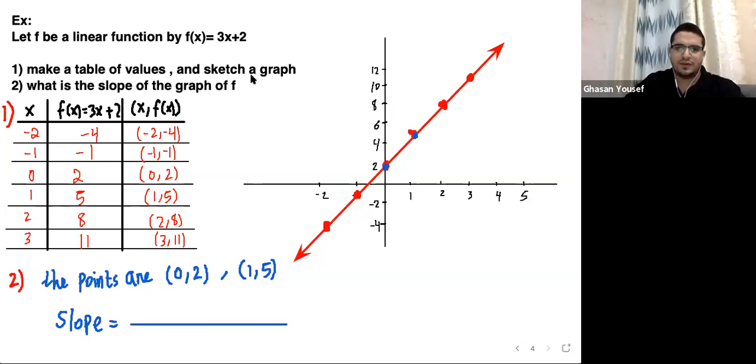In this point, this is my x1, this is my y1, this is my x2, this is my y2. So 5 minus 2 over 1 minus 0. And what is that equal to?